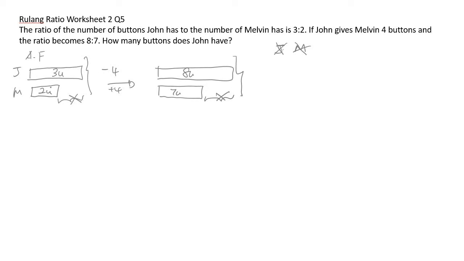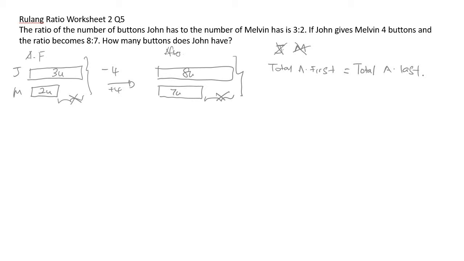The total of John and Melvin's buttons at first and the total after that. Oh, the total at first will not change. The total at first will also equal the total at last, because they did not give away. They only give internally. So the total will remain the same.